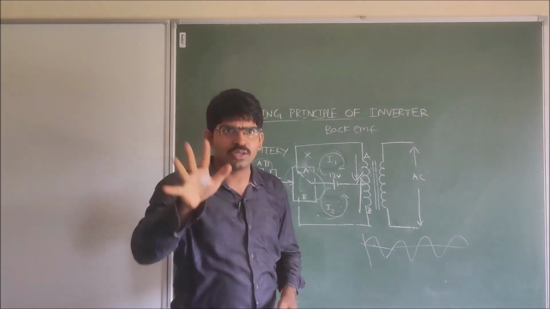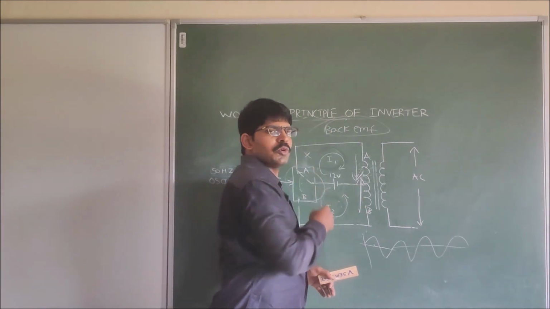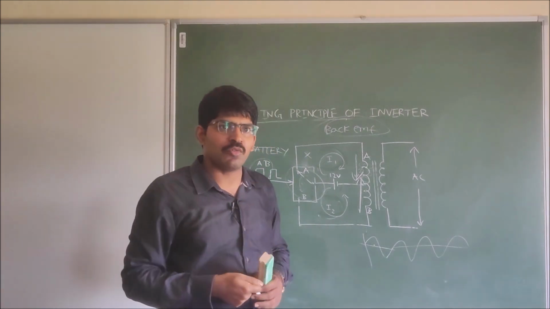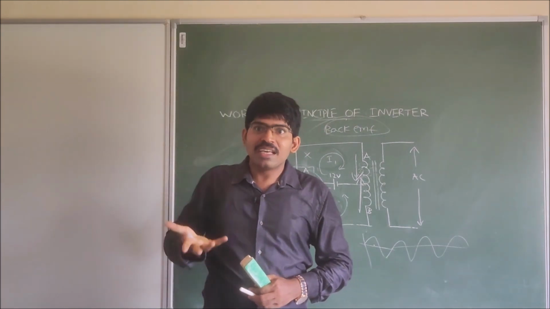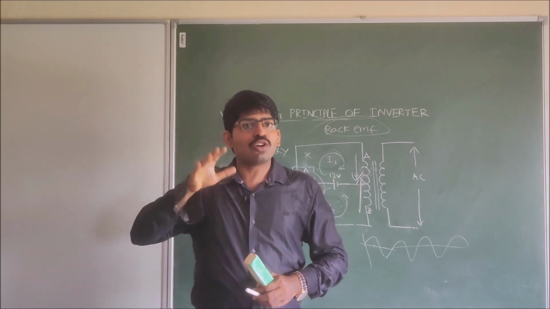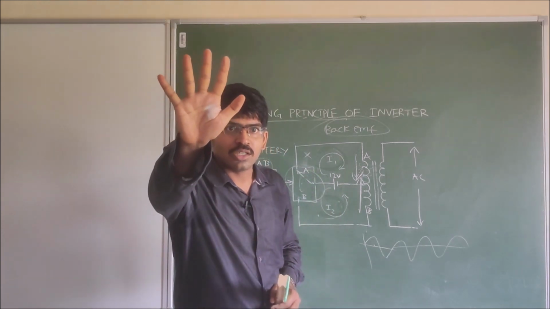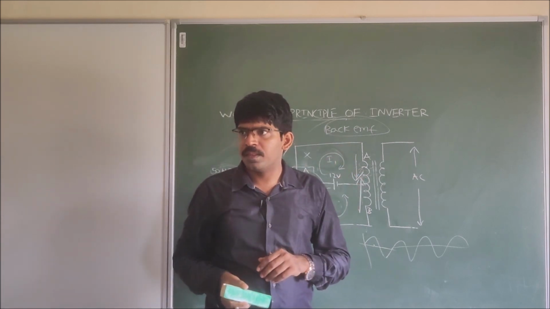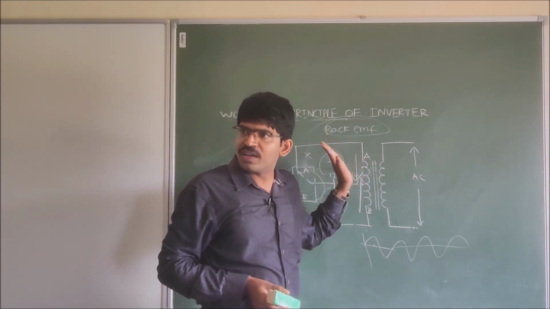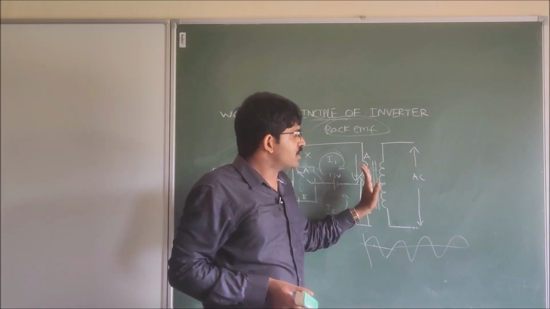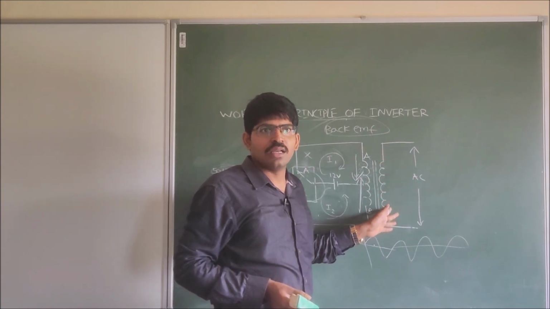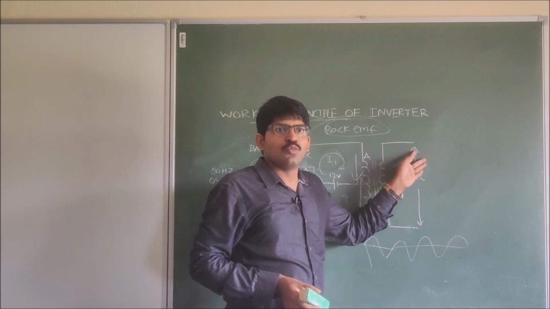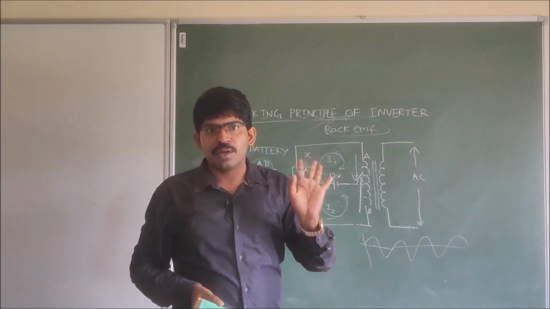Inductor will oppose. The force with which it is opposing, we call back EMF. Back EMF means with its force, it is stopping. It is nothing but voltage. So because of this, we are getting the 230 volts and the same voltage we observe in the secondary winding of the transformer. We use this voltage for our electrical appliances at home.